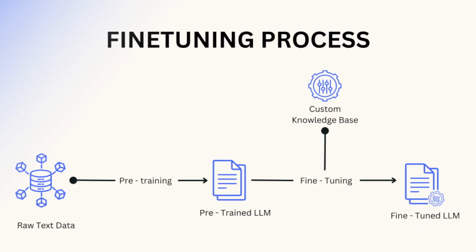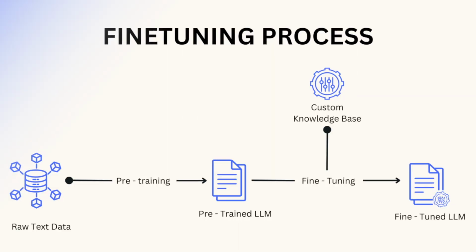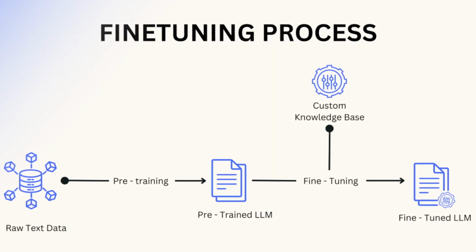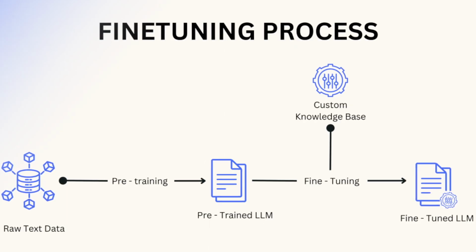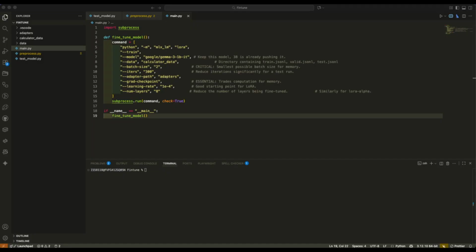Think of it like taking a well-educated generalist, the pre-trained model in this case, and sending them to a specialized master's program. That's it. And then you have a specialized model after that. So from a general model to a specialized model, so to say. And that's the essence of fine-tuning.